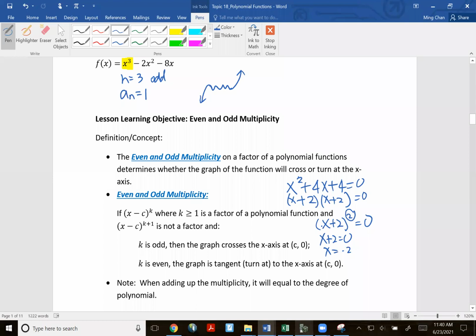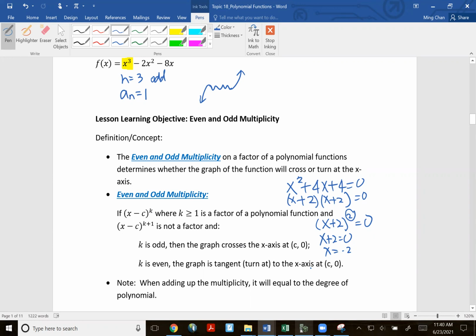Okay. So if the exponent on the factor of the polynomial is odd, then the function will cross over the x-axis at that point. That's where your x-intercept is. If the exponent on the factor of a polynomial is even, that tells you the graph will literally turn at the x-axis.